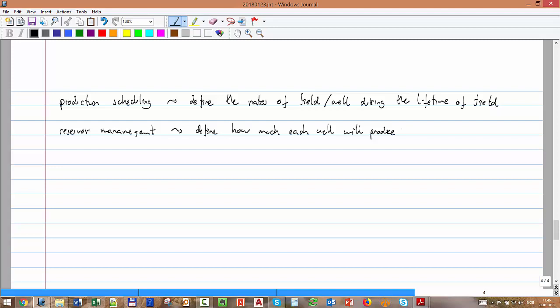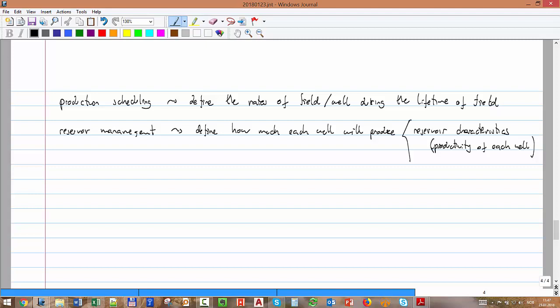And you think, okay, what defines how much each well produces? There are many things, but for example, reservoir characteristics, like the productivity of each well, simply because the reservoir is not homogeneous. It's heterogeneous, so you have wells that have different productivity.